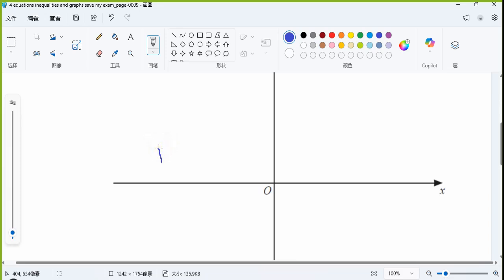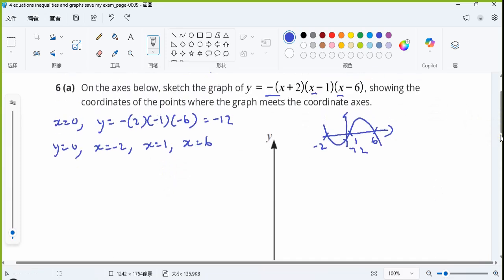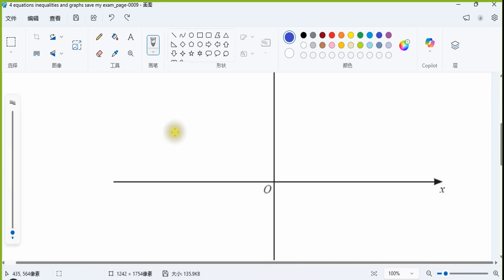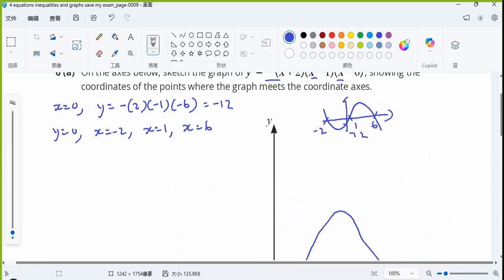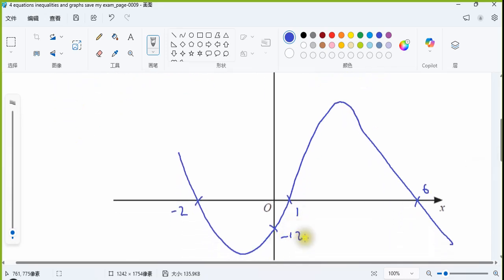So the graph has negative 2, 1, and 6. This is 6. This is 1. This is negative 2. And then this will be negative 12.